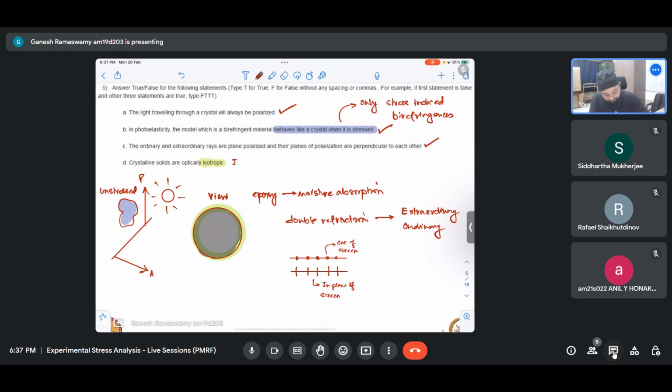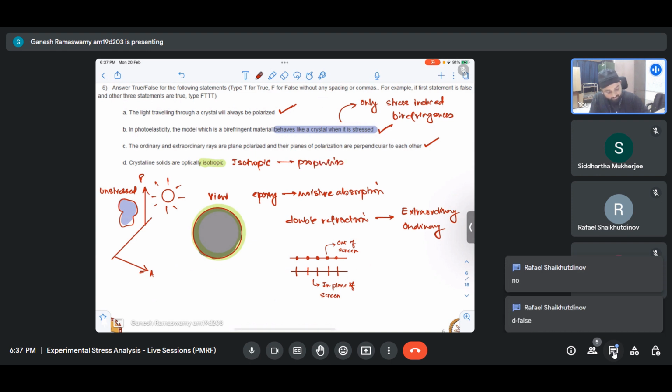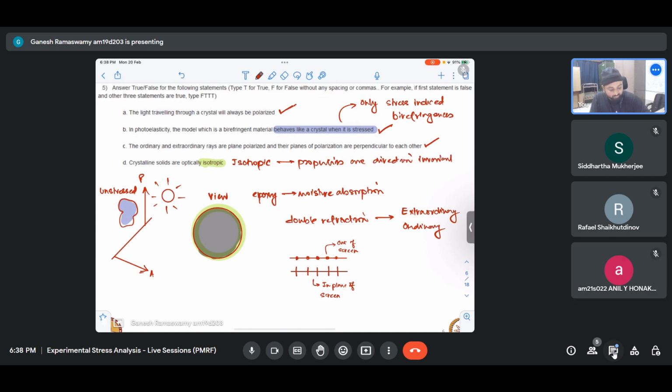Isotropic implies that properties, any parameter properties, are direction invariant, implying that it doesn't have a preferred direction. So it is not so.